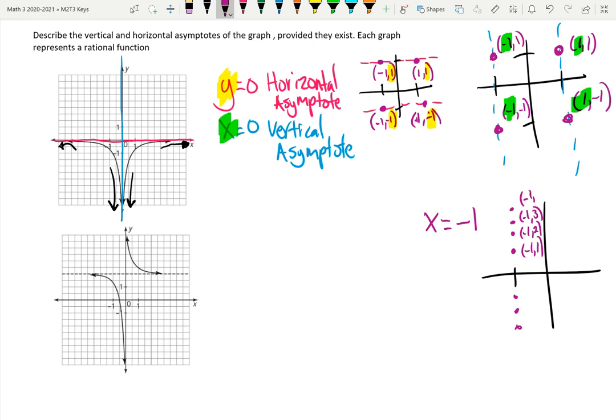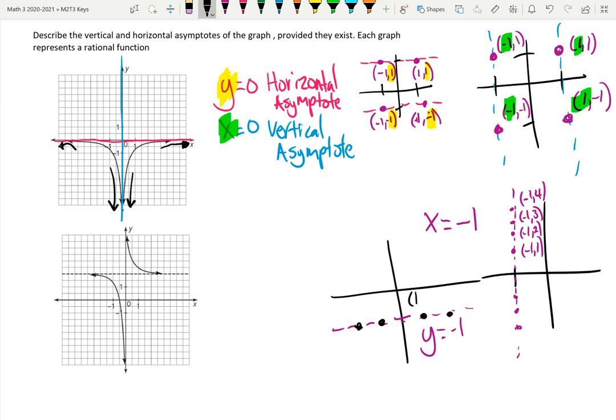Here, negative 1, 4. Do you see how all of those points have a fixed x? The y can change. This is the same for when y is equal to negative 1. All of these points will have a y value of negative 1.